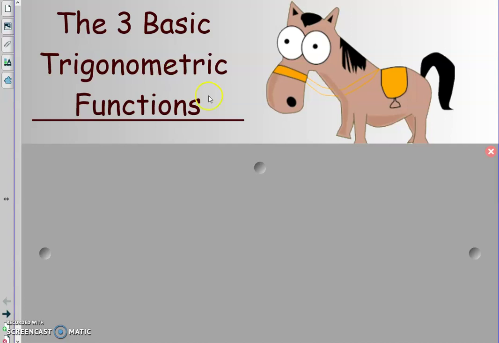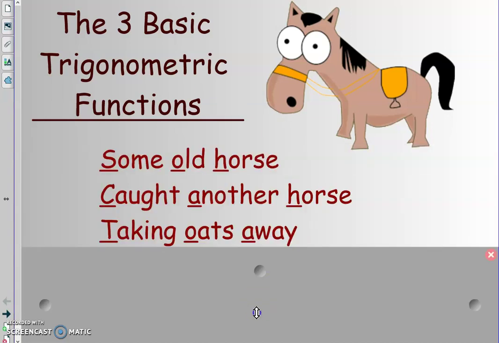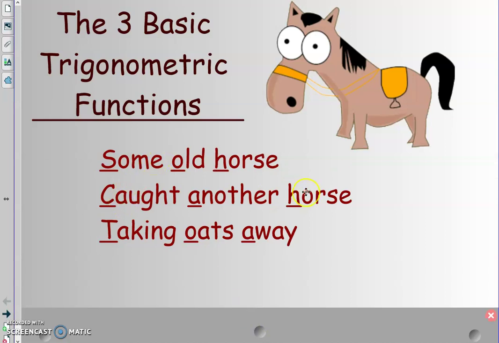But before we get to those, I'd like you to take a look at this little story that I have right here. This story says, some old horse caught another horse taking oats away. I'm sure you're kind of surprised that I'd start out this lesson with such a sad story, but I want you to read it again out loud to yourself. Feel free to whisper so people don't stare, but let's say it again together.